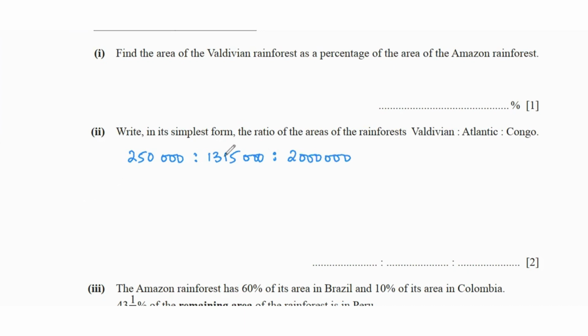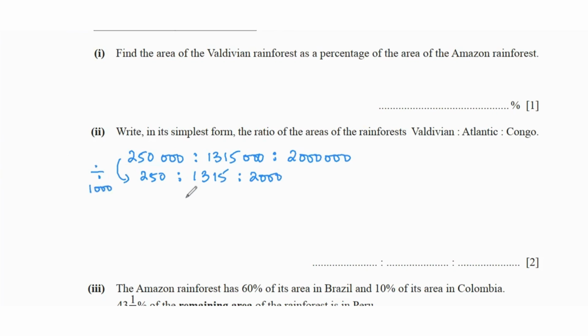So what we're going to do is simplify this ratio. All of these are divisible by 1,000. So when you divide all of these by 1,000, we get 250 is to 1,315 is to 2,000.